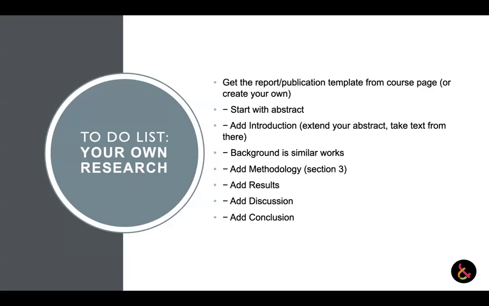Now, thinking of your literature review work, the thing that you need to deliver as a part of the course, make a publication template for the course page. You start with the abstract, add your introduction, background as well, add your methodology, results, discussion and conclusion.